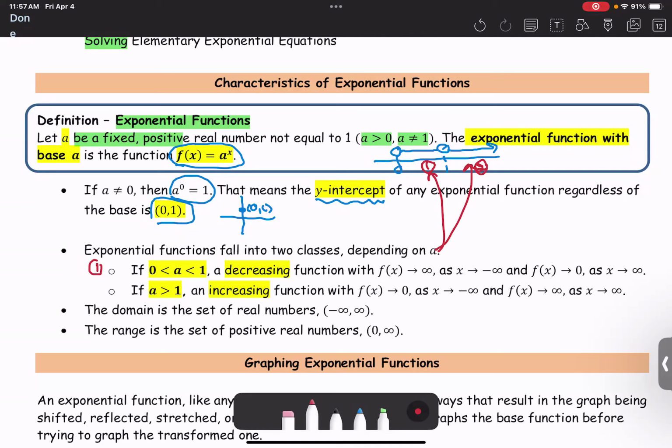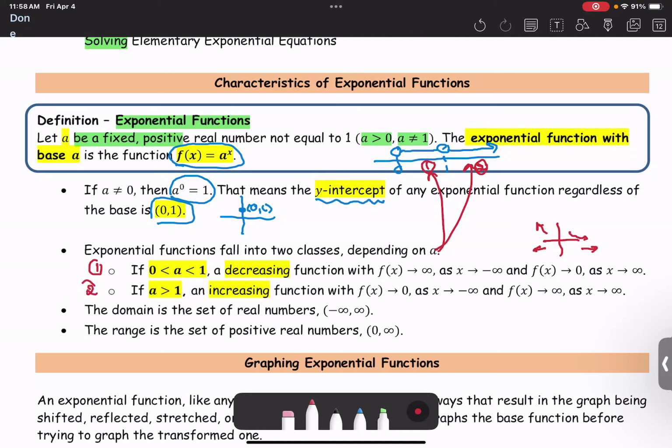That means when x approaches negative infinity, y is approaching positive infinity. At the same time, when x approaches positive infinity, the y value approaches the value 0.